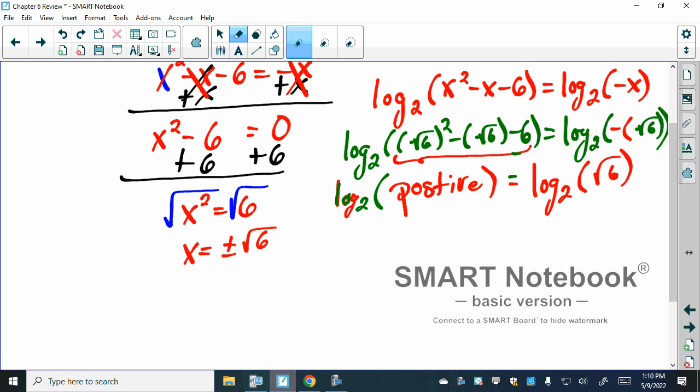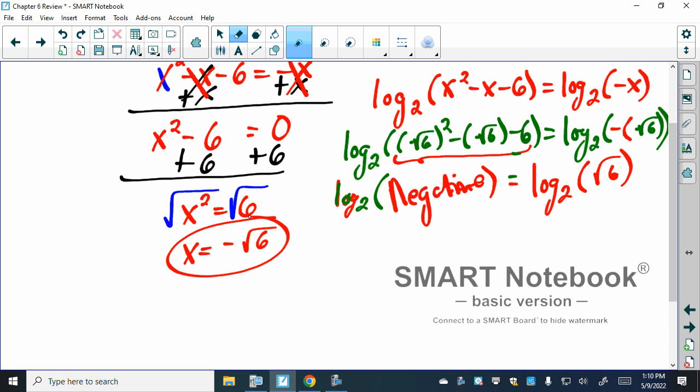So this time it doesn't give us a positive, which means the positive case in this one doesn't work, so x equals negative square root of 6.